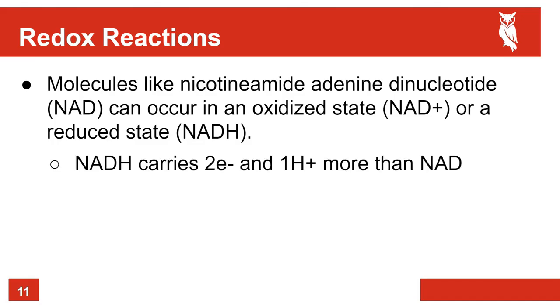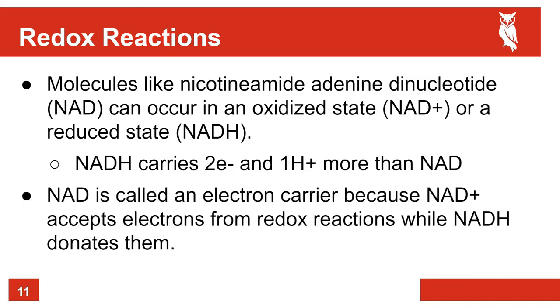NADH carries 2 electrons and 1 hydrogen ion more than the NAD plus. NAD is called an electron carrier because that's what it does. It carries electrons from redox reactions, and then NADH will be the donor. Y'all kind of follow that? NAD plus accepts electrons, and then this one will donate them.